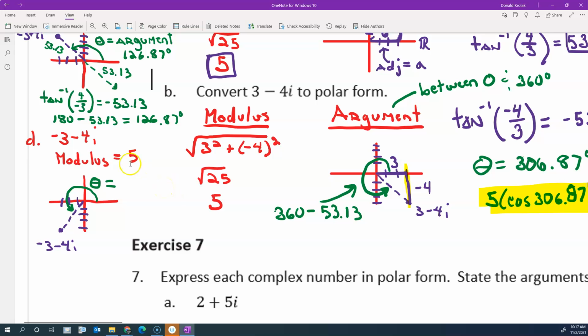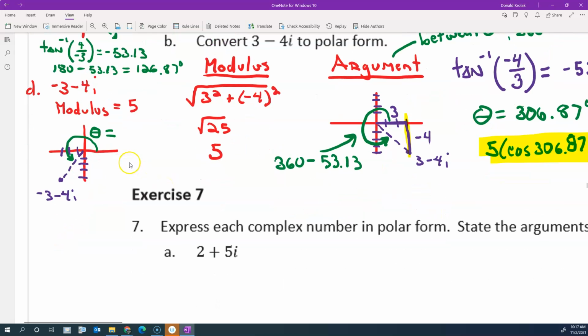All right. So when you do this one, you would type in tangent. And this would be -4 over -3, which is the same as positive 4 over 3. And we know that that's 53.13. So that's, again, now that angle is up here.